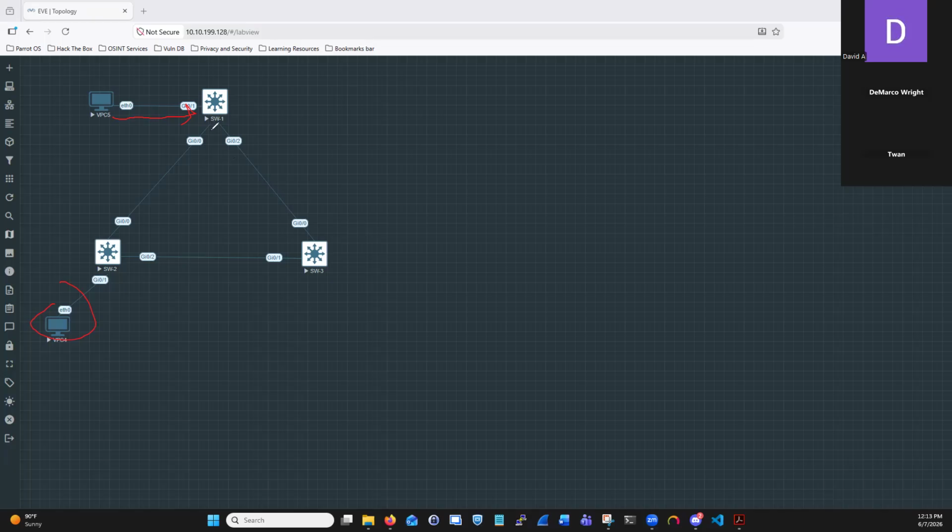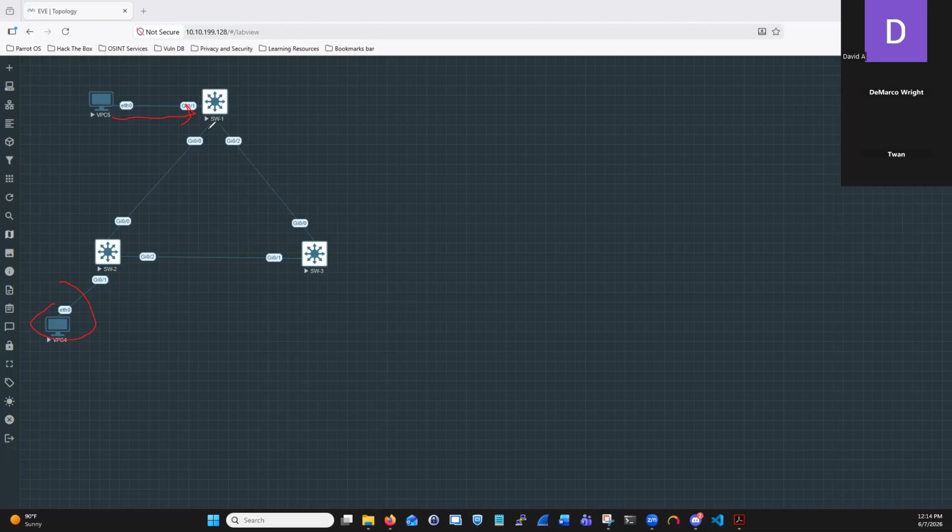It's going to forward that frame, and let's say switch 1 doesn't know the MAC address of PC4, because we're at layer 2 right now. Switch 1 is then going to be in a condition you guys learned about, which is unknown unicast flooding. What that is doing is forwarding this frame, that's trying to get to its destination, out of all ports.